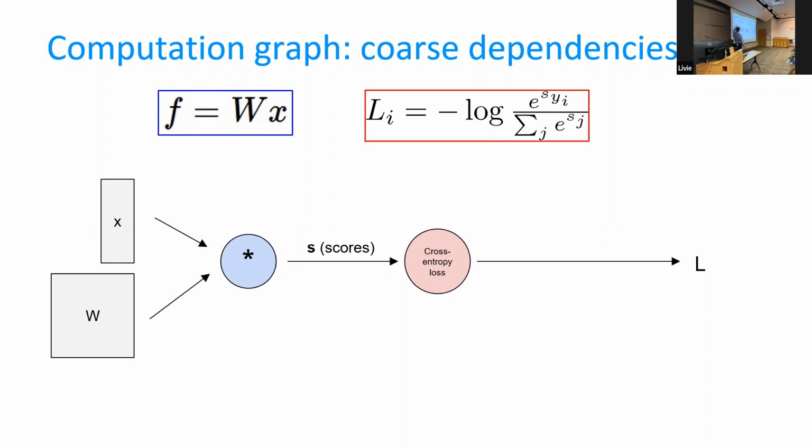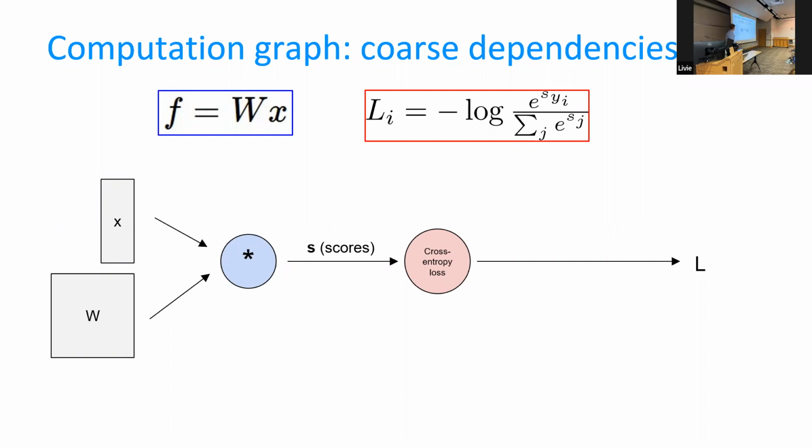So in this case, this most simple neural network where we just have f equals Wx, and then the loss equals our negative log likelihood loss, we will take our inputs W and x, apply the matrix multiplication operator to those two inputs, which gives us scores. And if we wanted to, we could also make a node for scores, which then get passed into the cross entropy loss operator, which gives us our losses output.